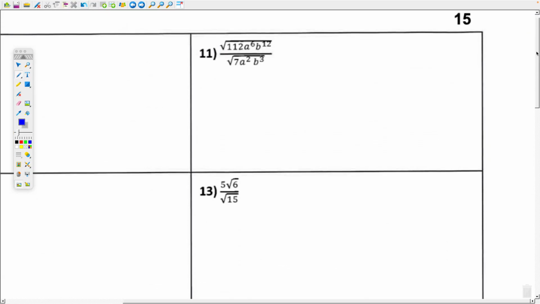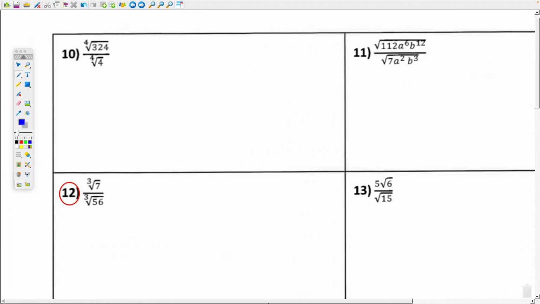I skipped number 11, but in case you forgot, just remember we're dividing the 112 by the 7, and with the variable, you're subtracting the exponents, okay? And then proceed. Let's get to the ones I feel are a little more difficult.